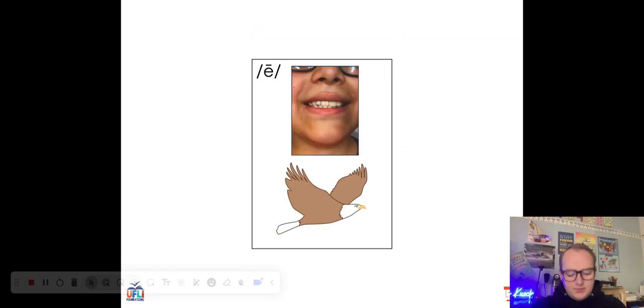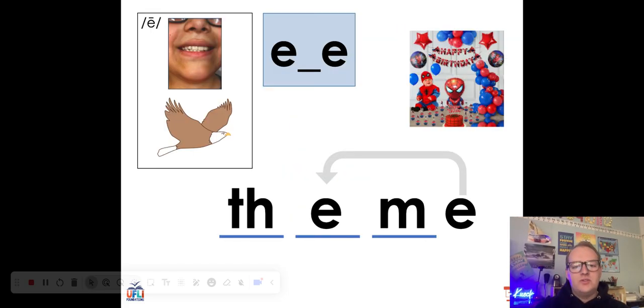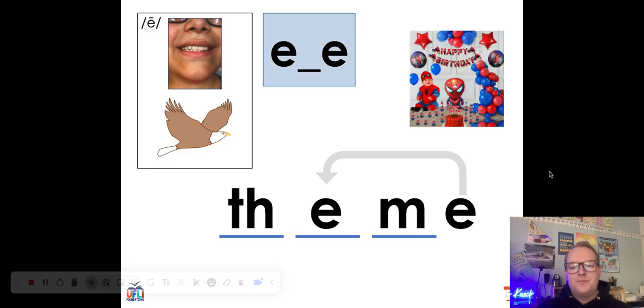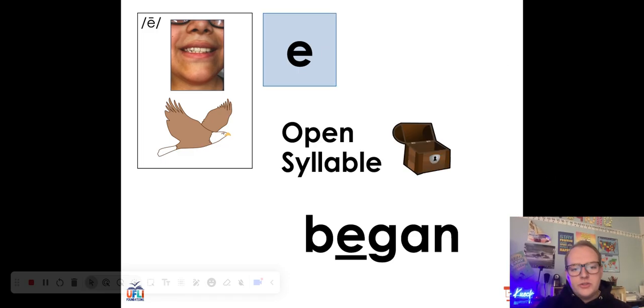Okay, so like I said before, we're talking about the long E sound. We're going to use those vowel teams, but we know we can spell the long E sound with E consonant E, like in the word theme. That bossy E is telling the E in the middle to say its name, so this word is theme. Now, we also know that E can spell E in an open syllable when it is the last letter of that syllable.